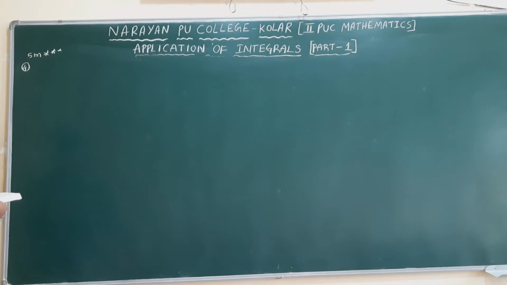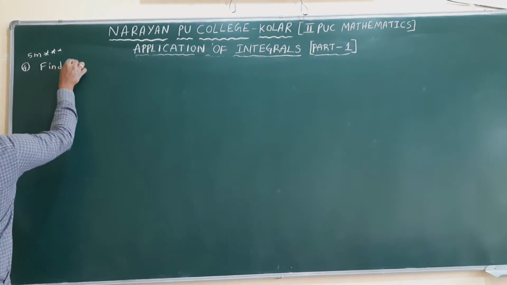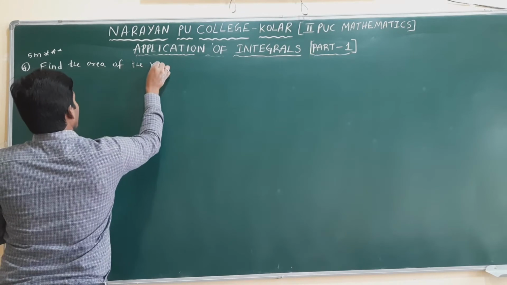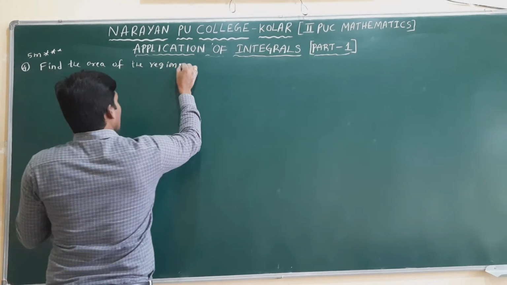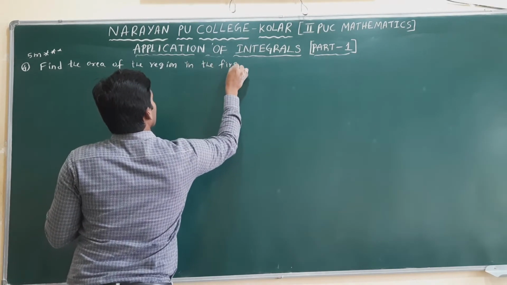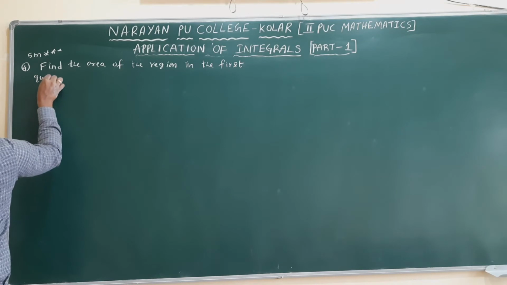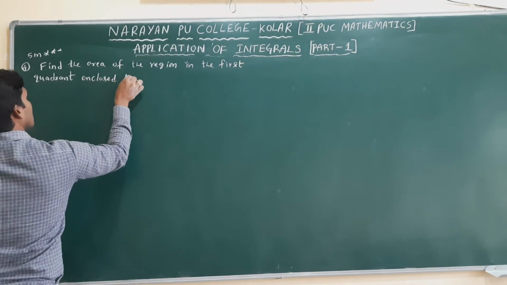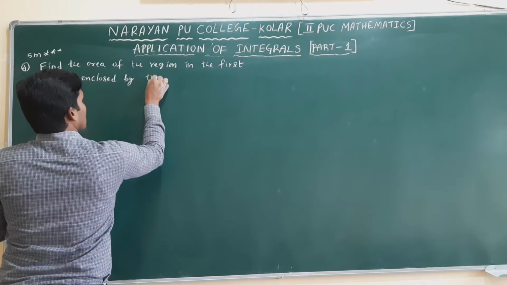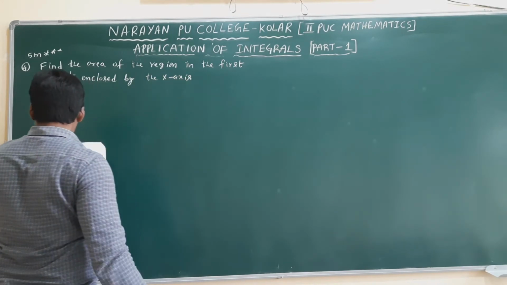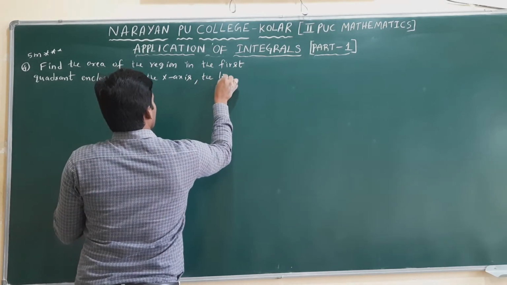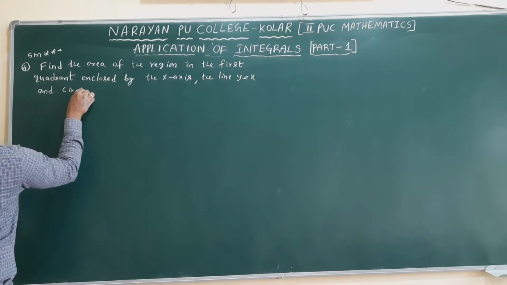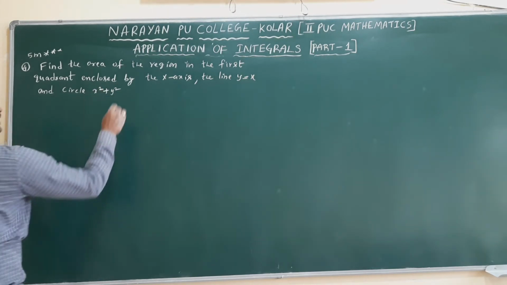Find the area of the region in the first quadrant enclosed by the x-axis, the line y equal to x and the circle x square plus y square equal to 32.